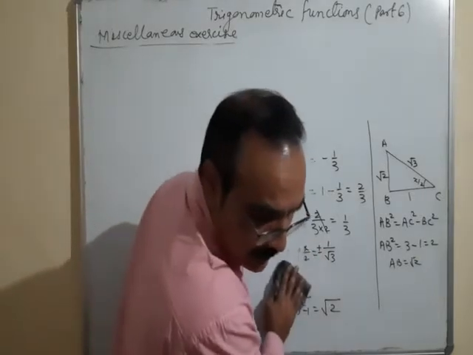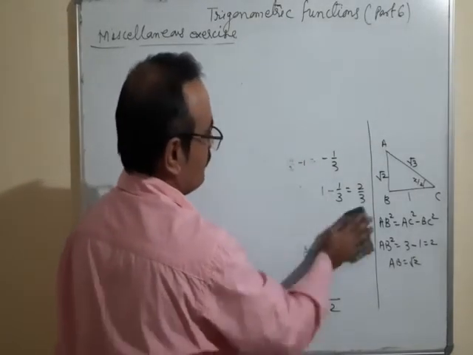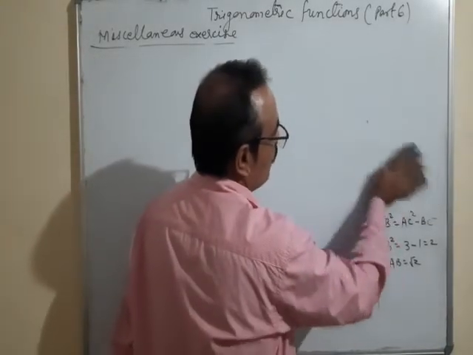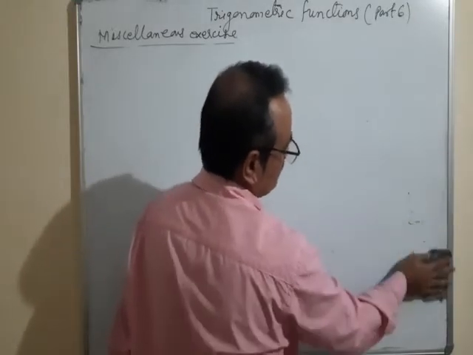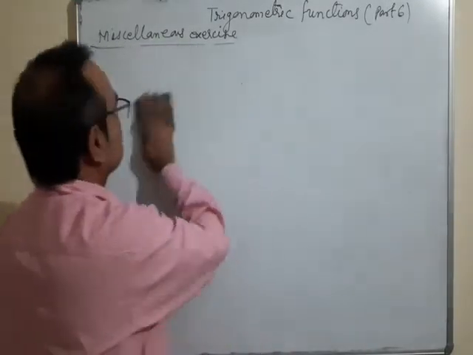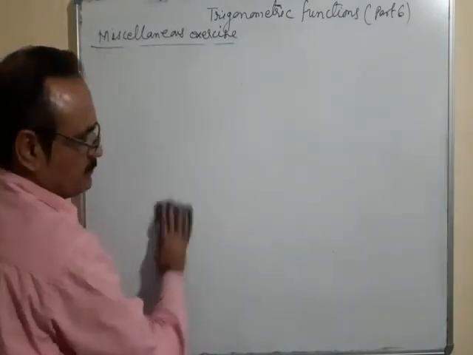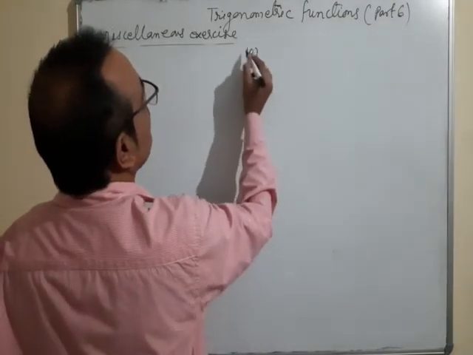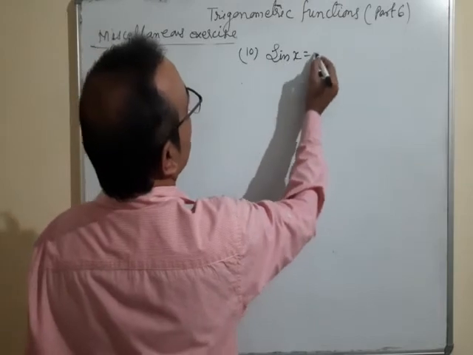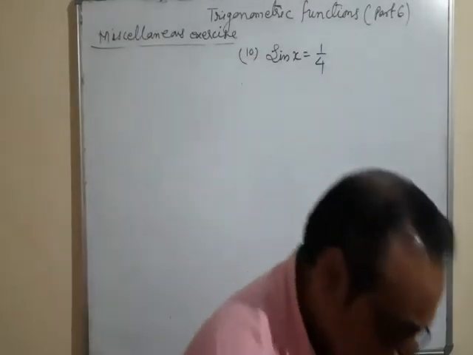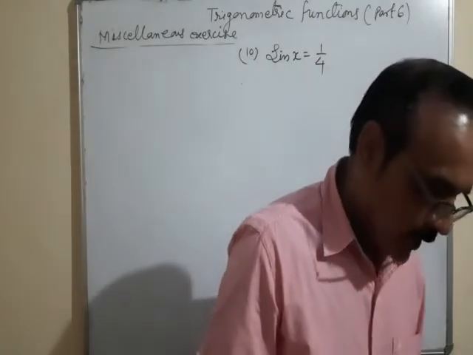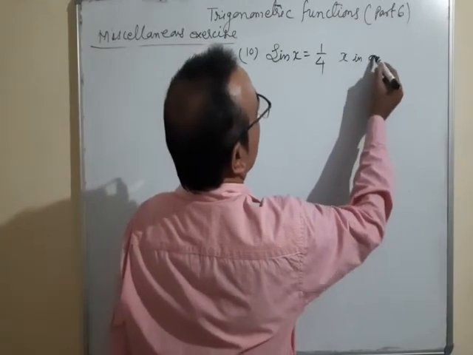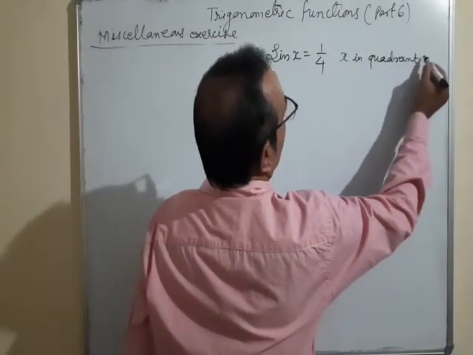Question number 10 is sin x is equal to 1 upon 4, x in quadrant 2.